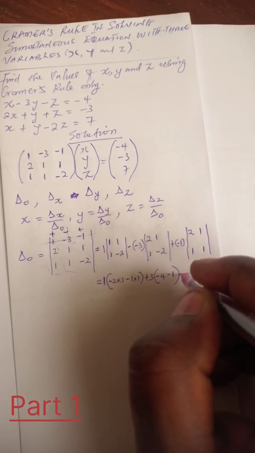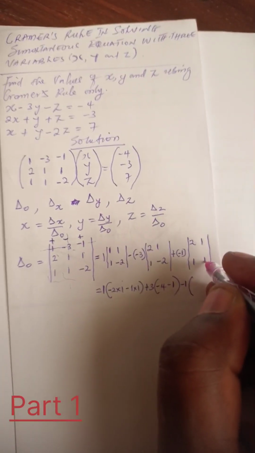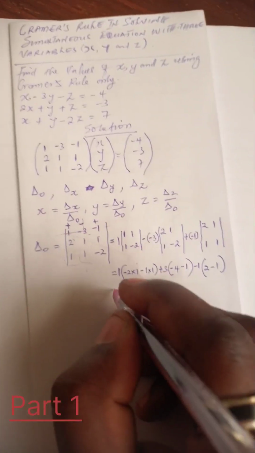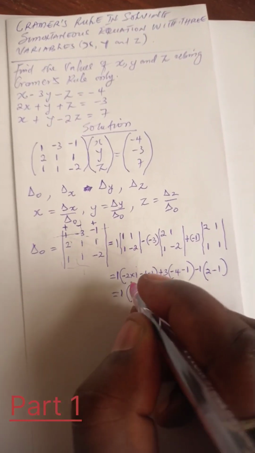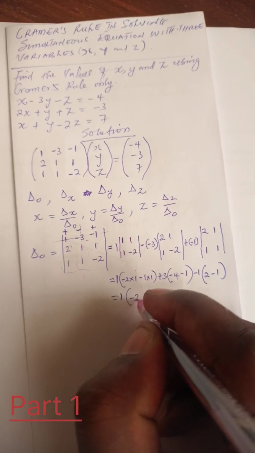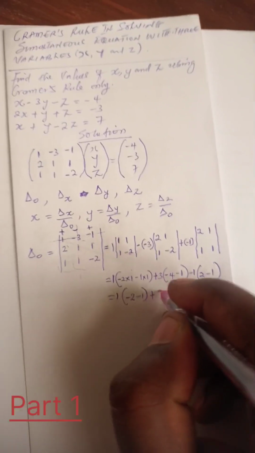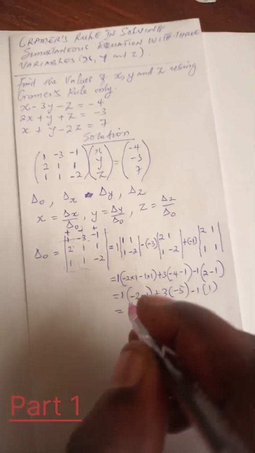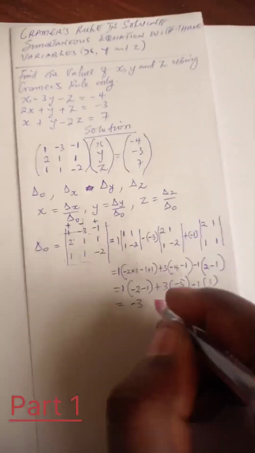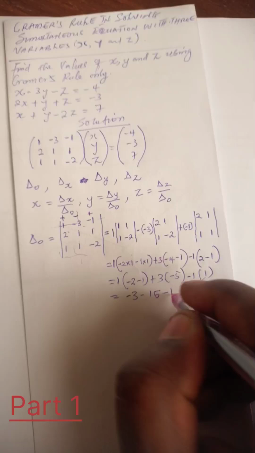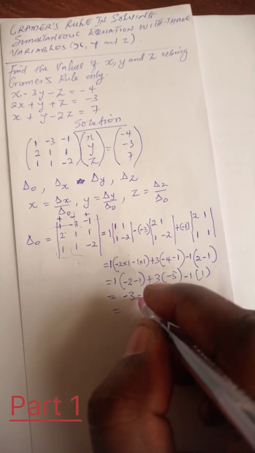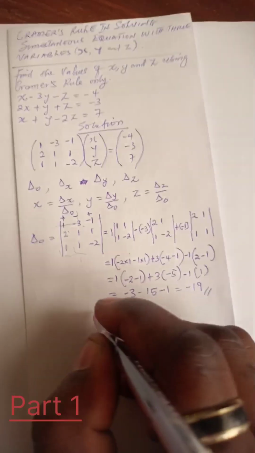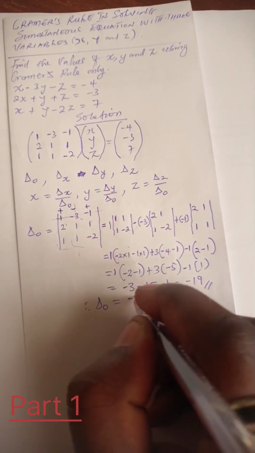Then the value here, plus times minus, will be minus 1, and then the values inside will be 2 times 1, which gives you 2, then minus 1 times 1 will give you 1. So here we'll be having 1 into minus 2, and then minus 1. Then here we have plus 3 into minus 5, and then here we have minus 1 into 1. So we'll be having minus 3, minus 15, and minus 1. So minus 3 minus 15 will give you minus 18. Minus 1 will give you minus 19. Therefore, your determinant 0 is minus 19.